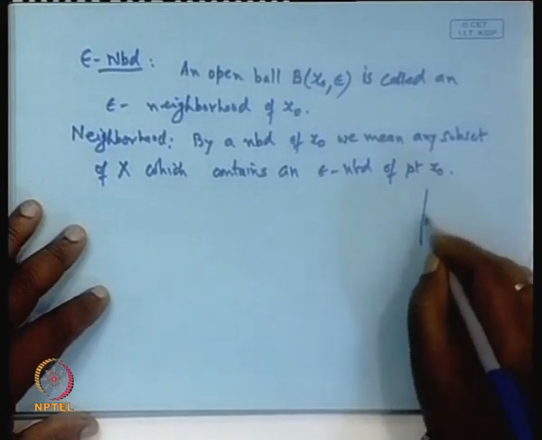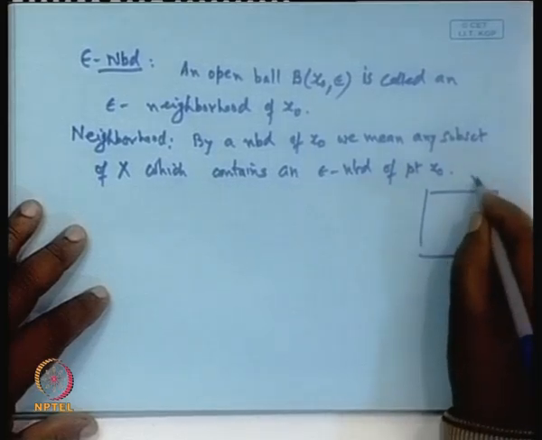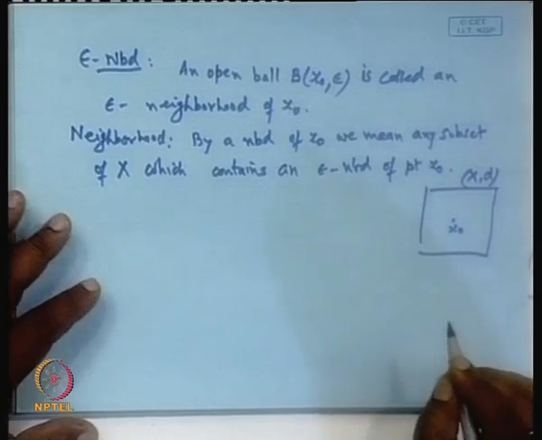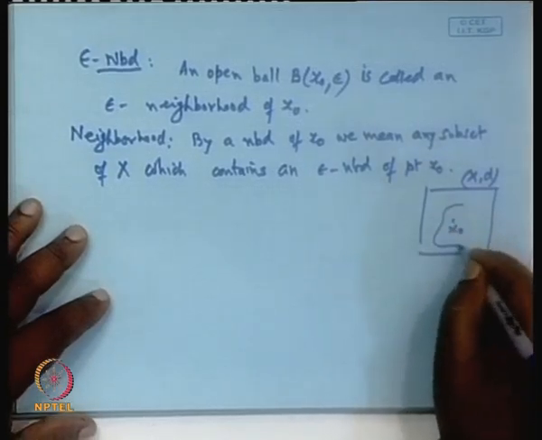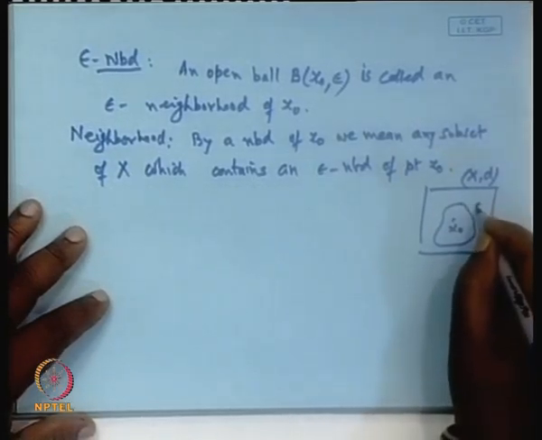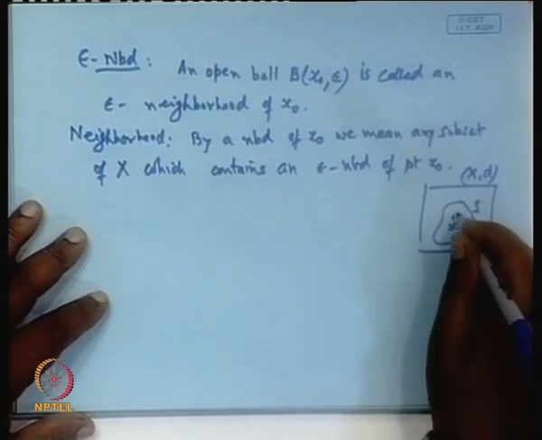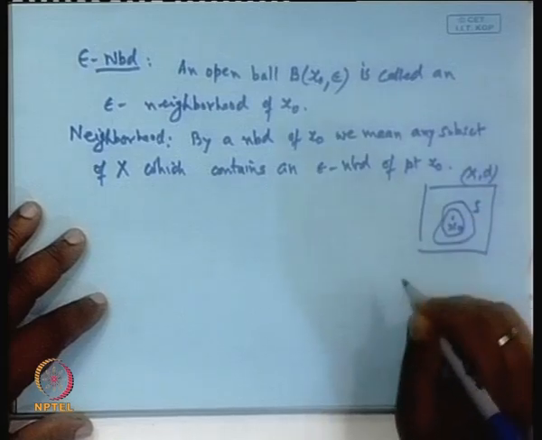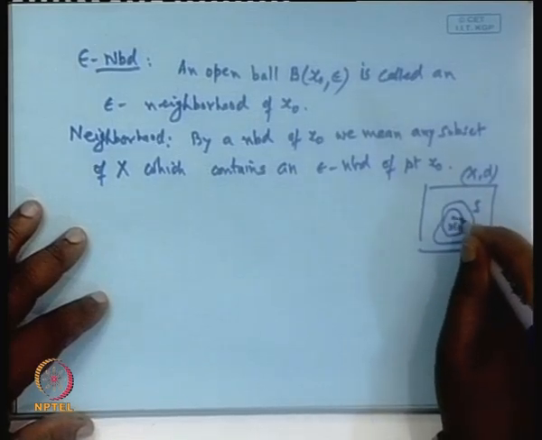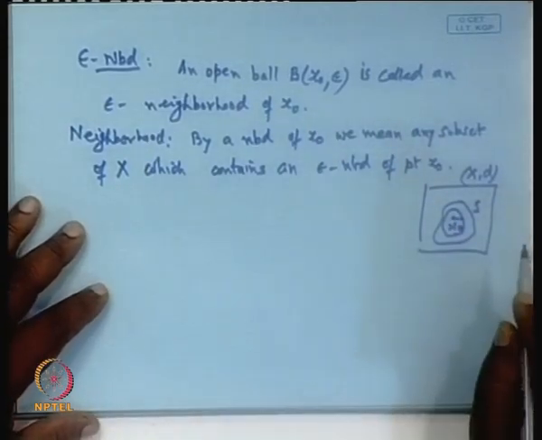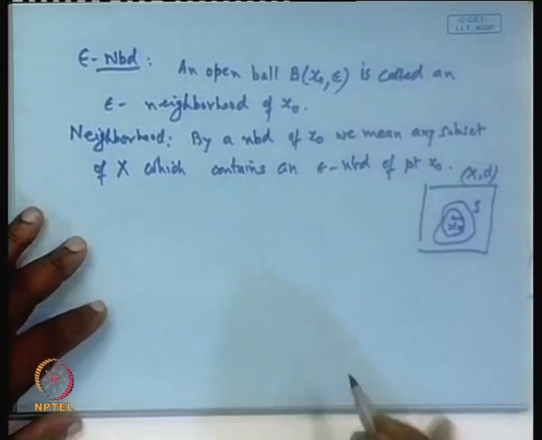So, if we have a metric space (X, d) and x naught is this, then this set, say S, will be a neighborhood of the point x naught if it contains an epsilon neighborhood of x naught inside it. Then we say this is a neighborhood of the point x naught.